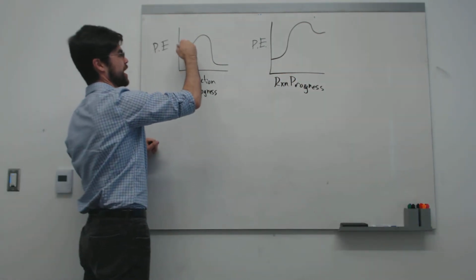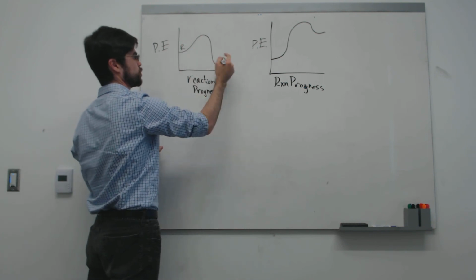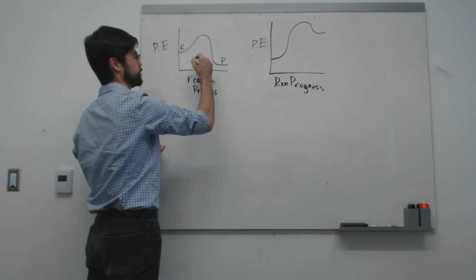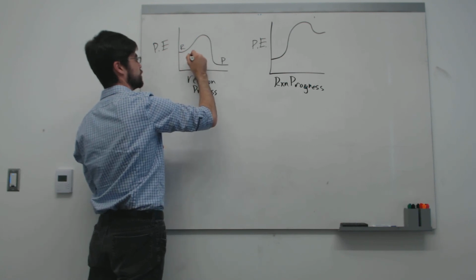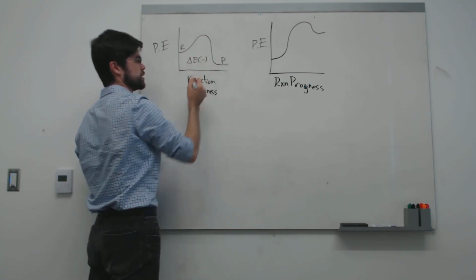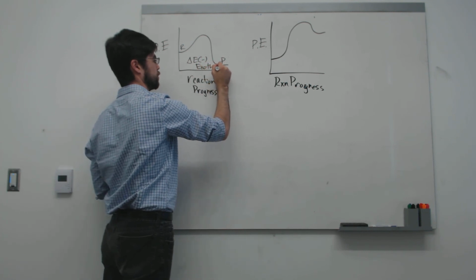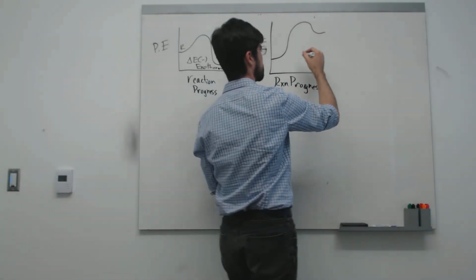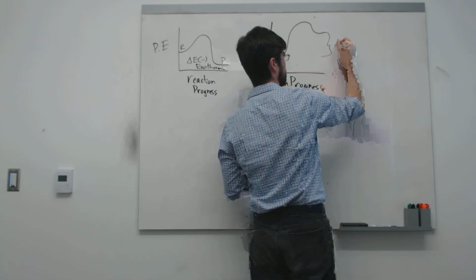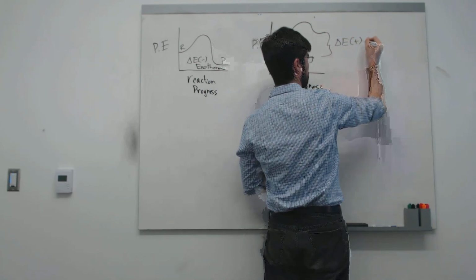In this process, as I go from reactants to products, I have a net drop in energy. So for this one, the change in energy is negative. This is an exothermic process. And this one is an endothermic process because the energy change is positive.